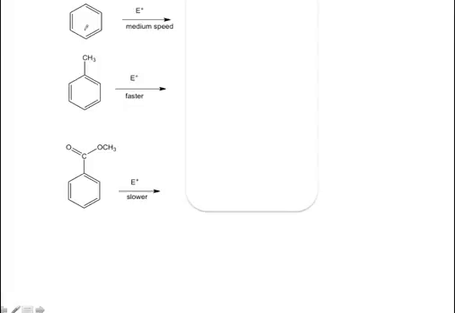If we were to time these reactions, we would find that given an active electrophile, benzene would react at a moderate speed in electrophilic aromatic substitution. Toluene would react faster than benzene, and methyl benzoate would react slower than benzene.